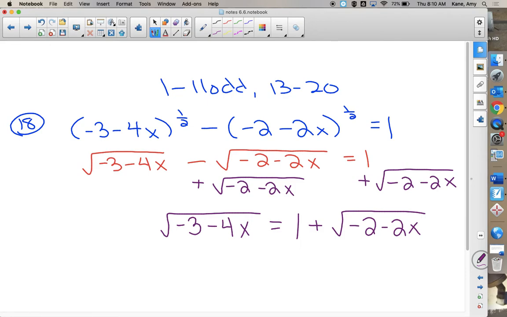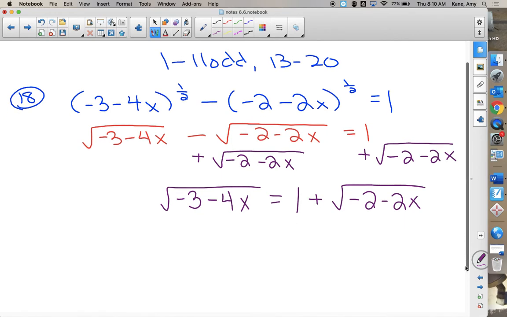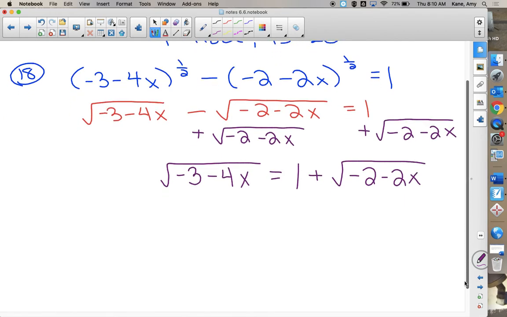So we made it a square root. We moved one square root to the other side. There's still a whole bunch of negatives underneath. Now, how would you proceed, Chris? Right. So now you want to try and start getting rid of those radicals. So square this and square that side. So the left side cancels.